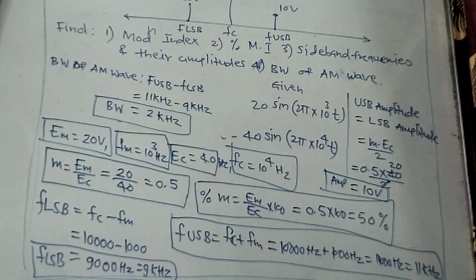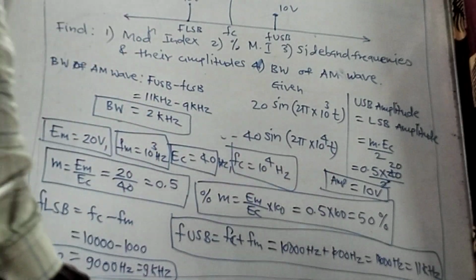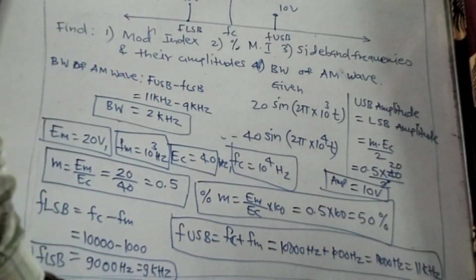So this is about calculation of modulation index, percentage modulation index, bandwidth of AM wave, upper sideband frequency, lower sideband frequency, and frequency spectrum of AM wave.